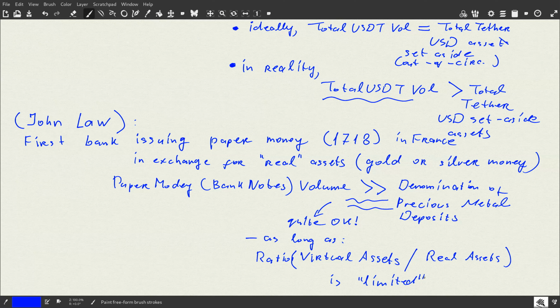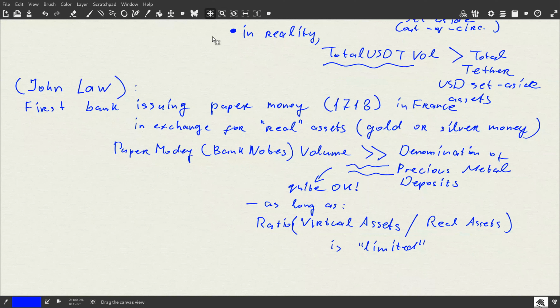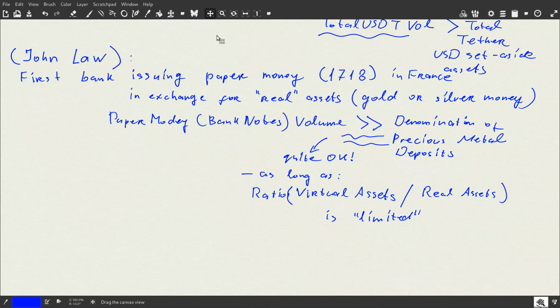But if you create USDTs at, let's say, 1,000 times compared to USDs, this is probably not okay and results in inflation of your USDTs. So limited, I don't know by how much limited, by a factor of 10 something.